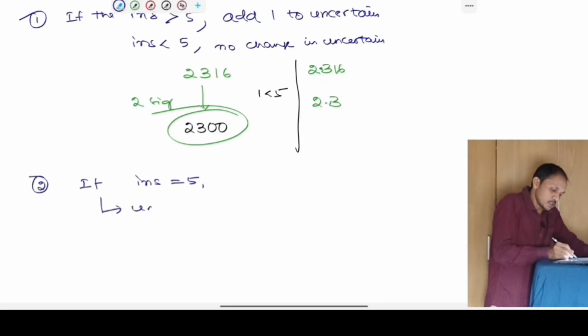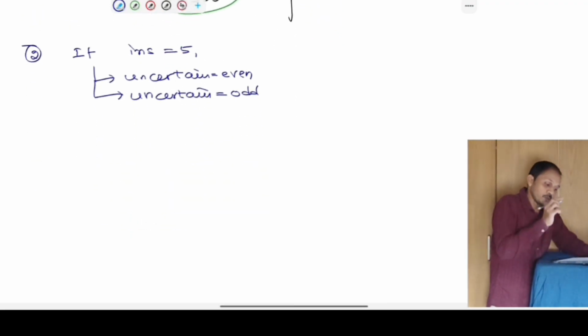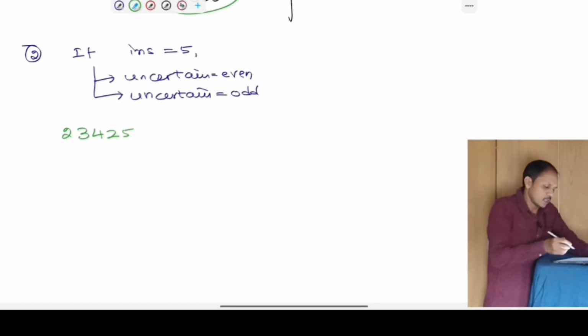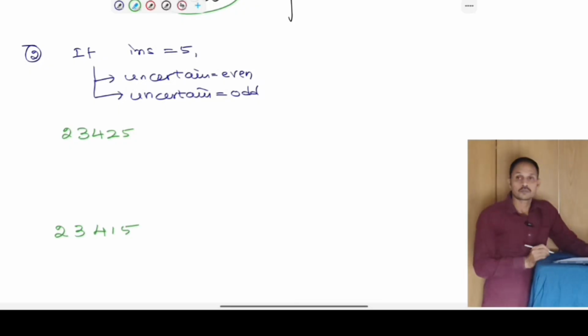If the uncertain is an even number, and if the uncertain is an odd number. Let's see. So let's take some example like 23425. Another number, 23415.